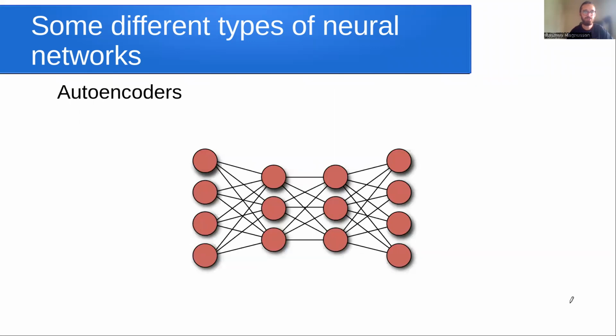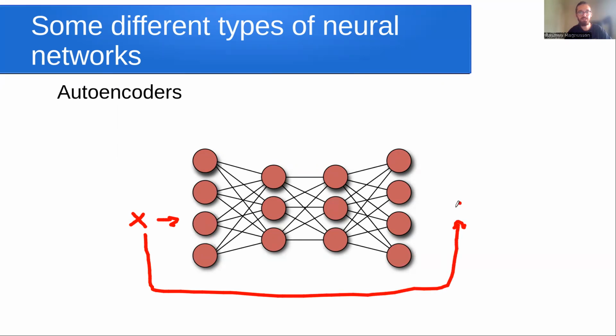I also briefly mentioned autoencoders, which are a special case of neural networks. Here I've drawn it as a feed-forward network, but it could also be a convolutional neural network. Autoencoders are the special case where you have input data X that you feed into a model, but you're also trying to predict the same thing, X. So you're compressing X into a set of fewer variables and then decompressing it back into the original inputs, X hat here.